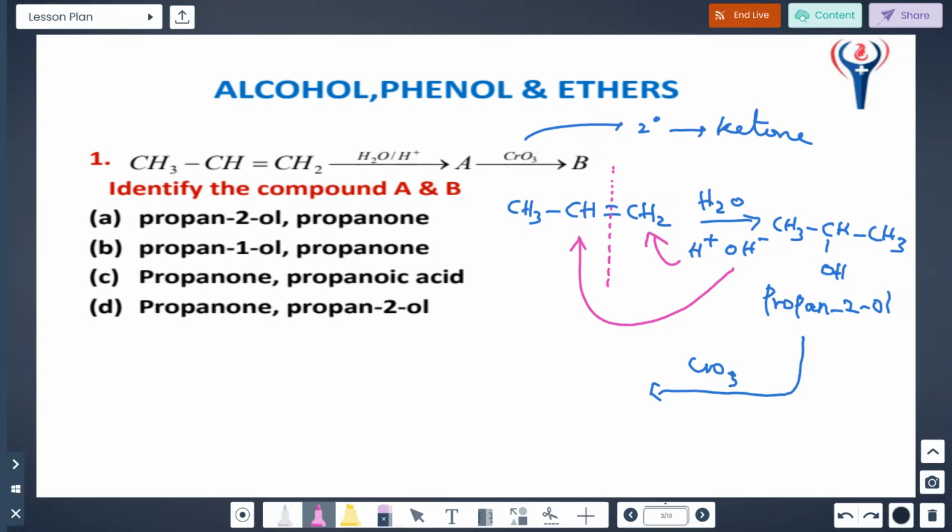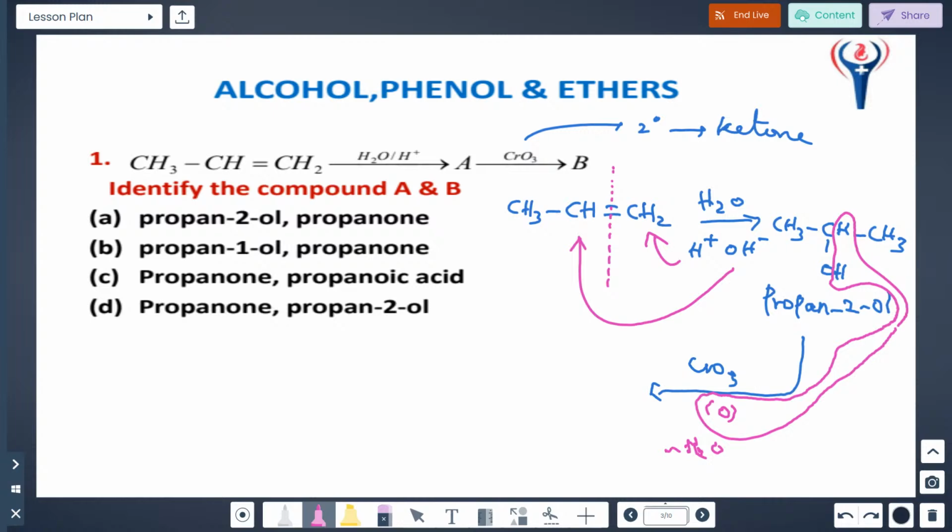It is an oxidizing agent, so it converts secondary alcohol into ketone. So this will be removed, minus H2O. Now what is remaining?